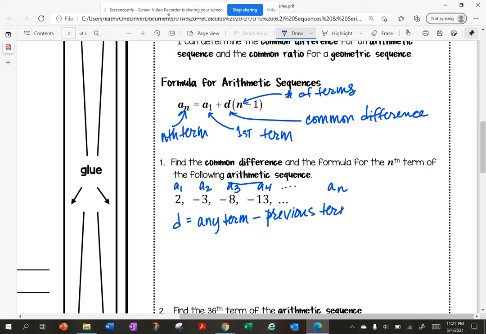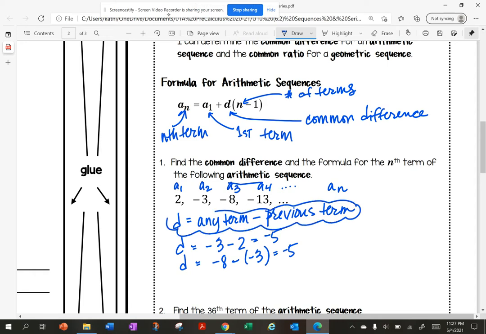The order matters. So d is going to be -3 minus 2, which is -5. If I wanted to take -8, the previous term is -3, so I'm going to subtract -3. That would really be -8 plus 3, which is -5. So it doesn't matter. I can take any term and subtract the previous term.